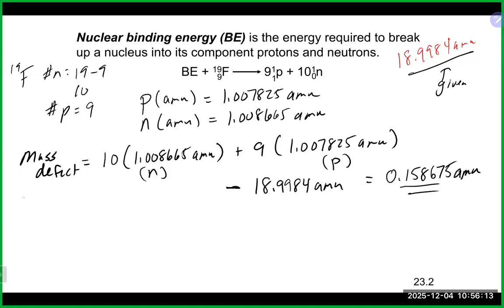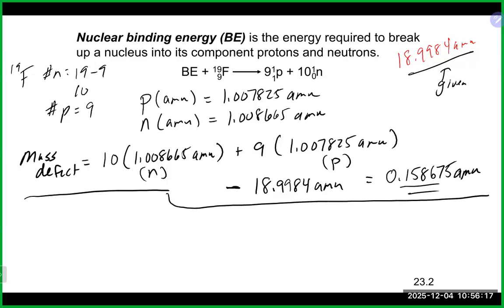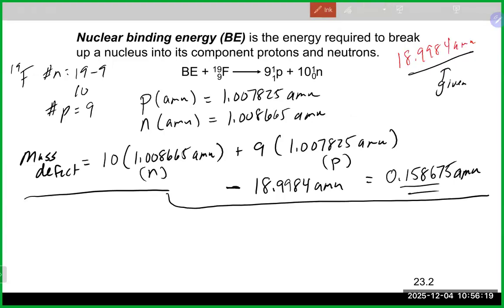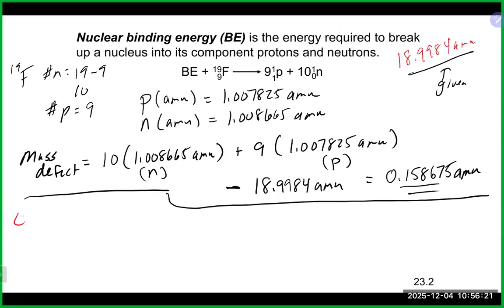So there are two ways that you could calculate the binding energy at this point. You can use Einstein's equation. So if we use E is equal to mc squared, that is going to be the mass defect we're going to put in there, times 3 times 10 to the 8 meters per second, squared.